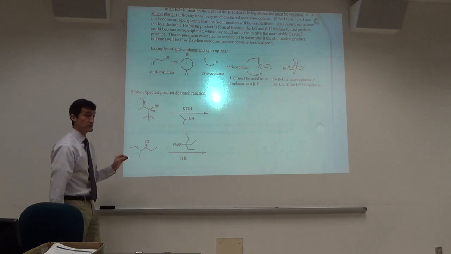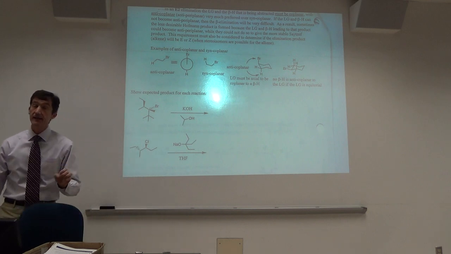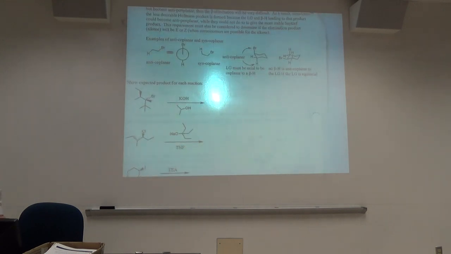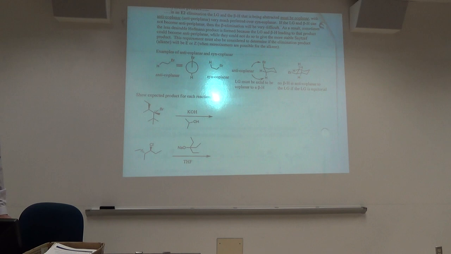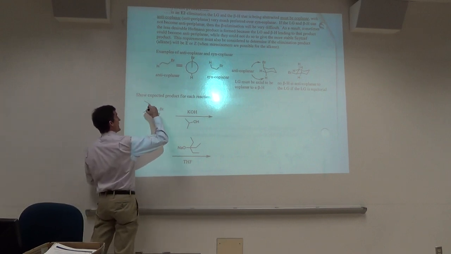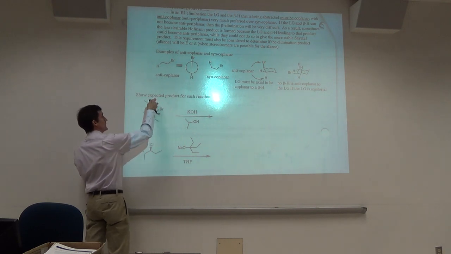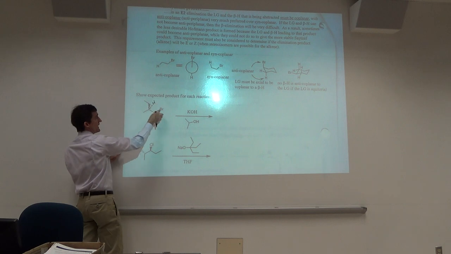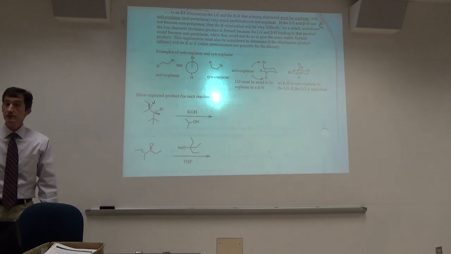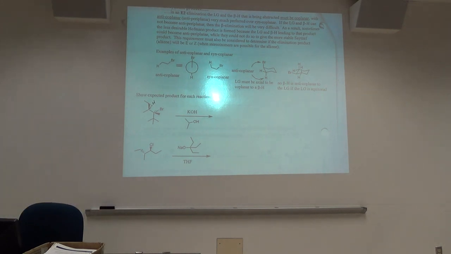E2, you would like to get the most substituted and the most stable if you can, but you have to meet the stereochemical requirement that is listed in bold at the top, which is the leaving group and the H, and we're talking about this H here, because removing that beta hydrogen would give the more substituted alkene, but that H and that Br have to be anti-coplanar, highly, highly preferred.